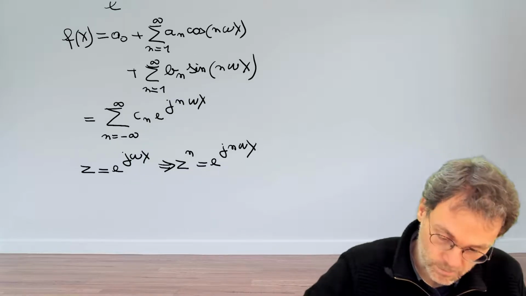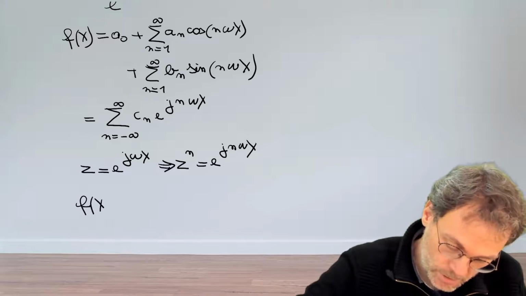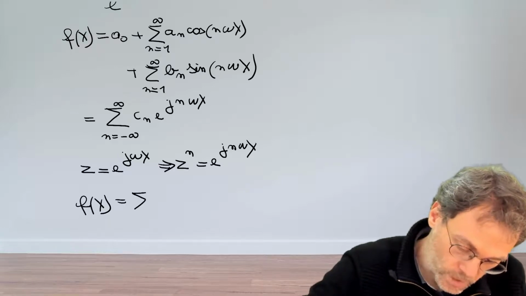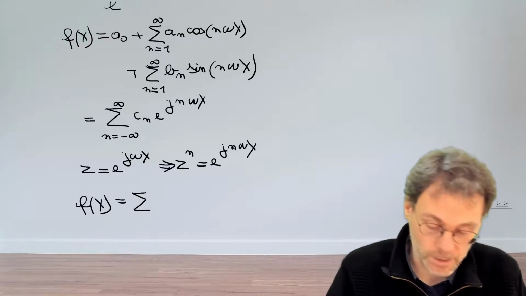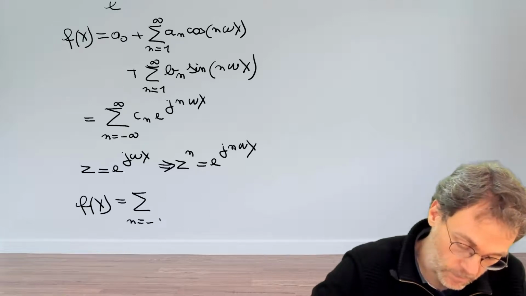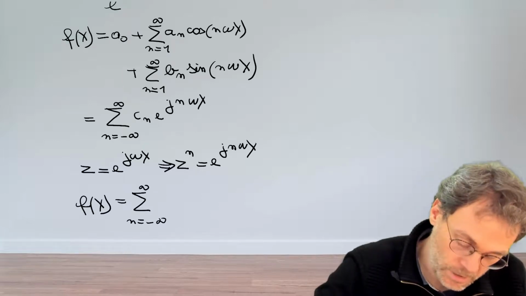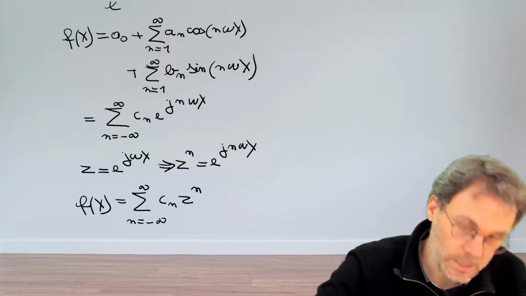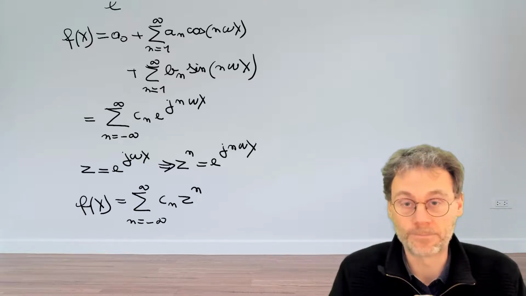So we can massage this series expansion a little bit to give us something which really looks a lot like a Laurent series. So a sum n from minus infinity to plus infinity, Cn, and then z to the power of n.